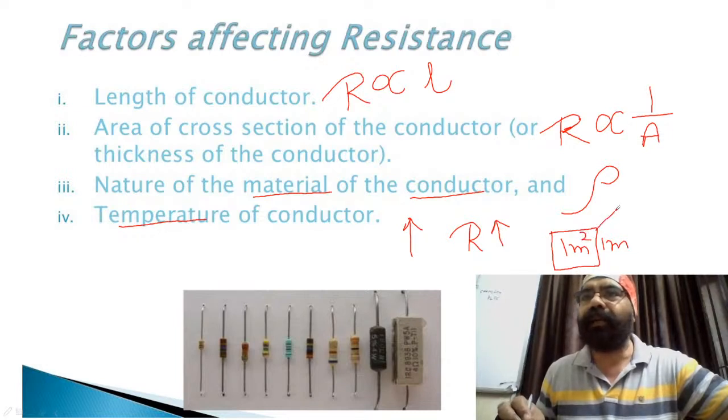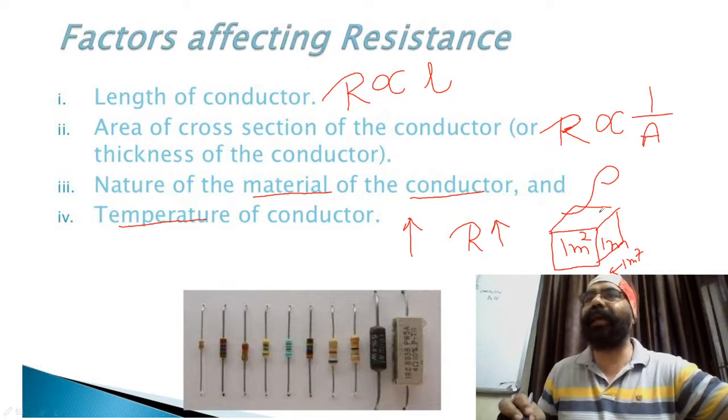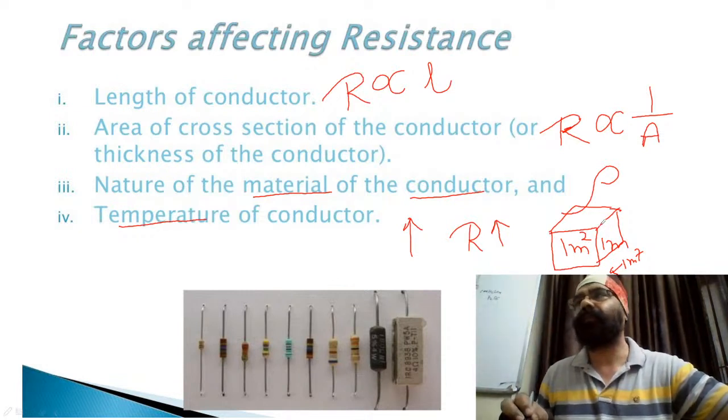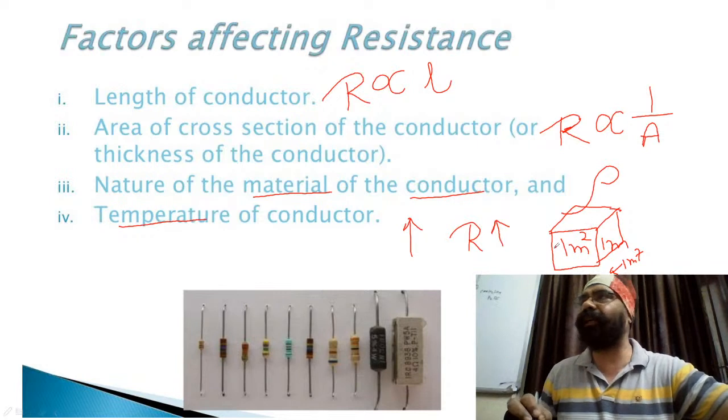And again, if I take its length to be 1 meter, then it becomes a cube of 1 meter. So if I place a cube of the material, whatever resistance it is offering to the flow of current, that is called the resistivity of the material. So Mishti gives us the right thing.